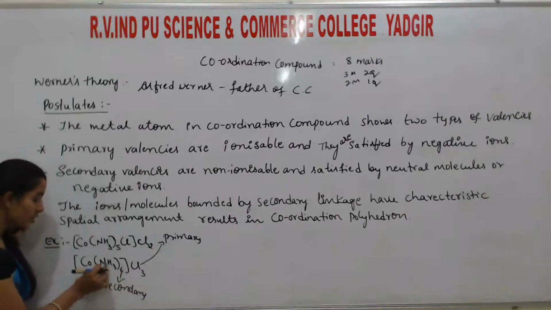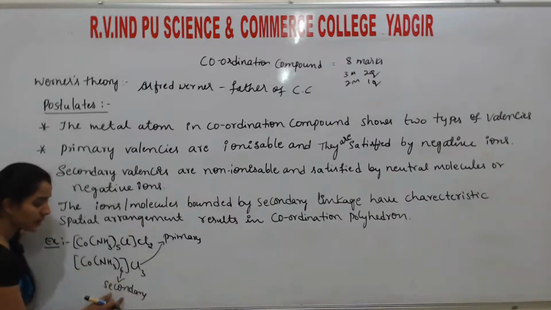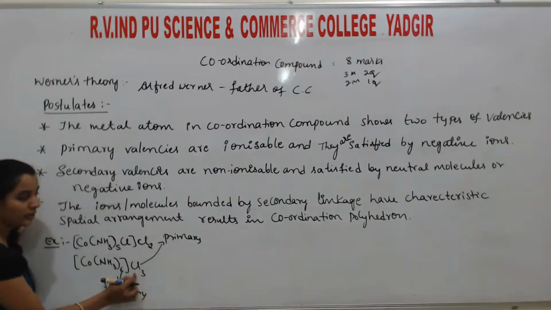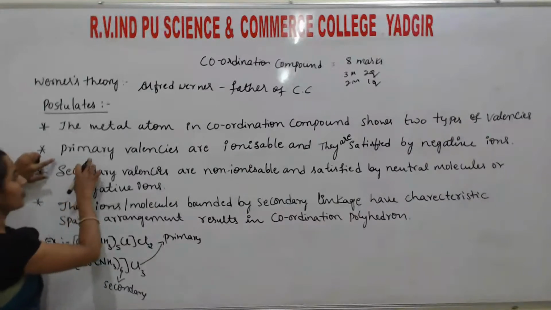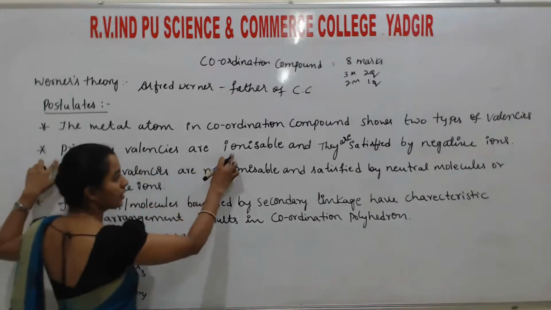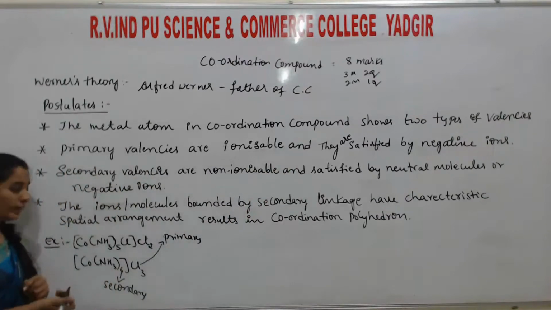So the atoms which are bonded to the central metal atom inside the coordination sphere is called secondary valency. Outside the coordination sphere, that is primary valency. Again they said the primary valencies are ionizable and they are satisfied by negative ions. So not only negative ions students, they are also satisfied by positive ions.